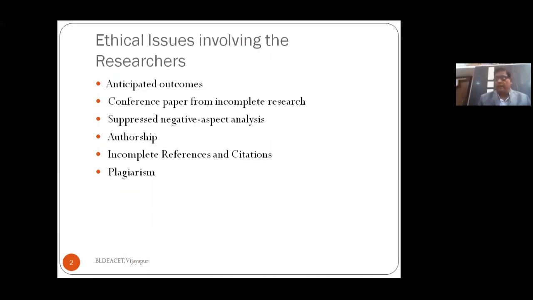So here, the ethical issues involved for researchers. This is one of the major things. See, anticipated outcome: writing up results in anticipation is wrong. That thing is without bringing any results. If you go and write information like that, that is also an ethical issue. And a conference paper from incomplete research.